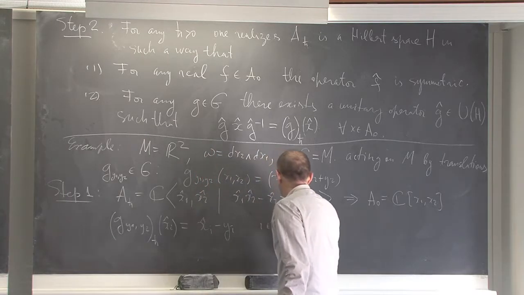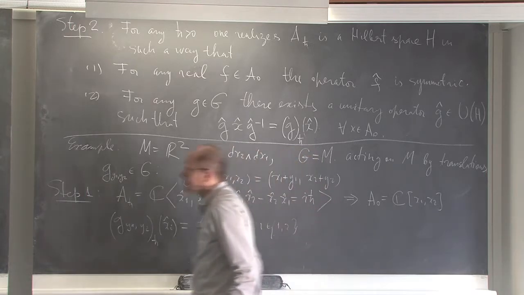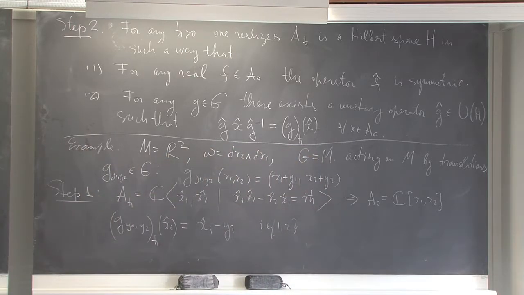I think the minus sign is dictated by the, yeah, here it is a commutative case, so it doesn't matter plus or minus, but in general we have to invert things to have a homomorphism.